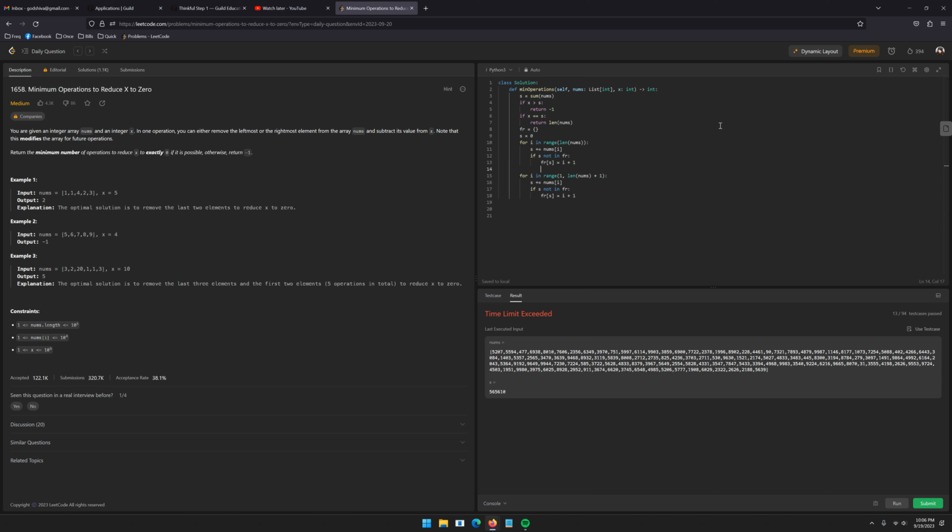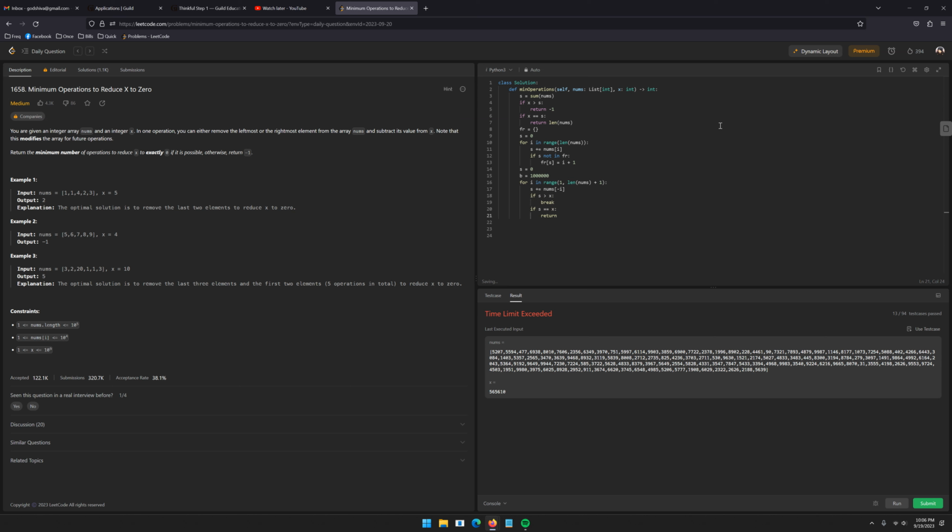Okay, and then let's start over again. s equals 0. And we're going to say s plus equals negative i, and then if s is greater than x, then break. If s equals x, then we're going to say best equals, we're going to do the million again.